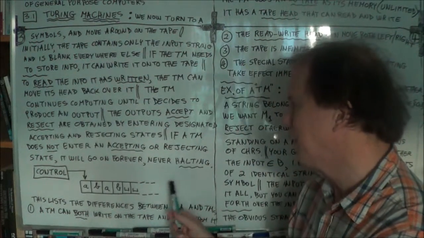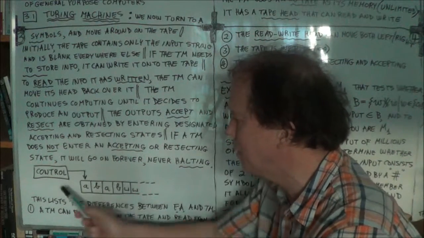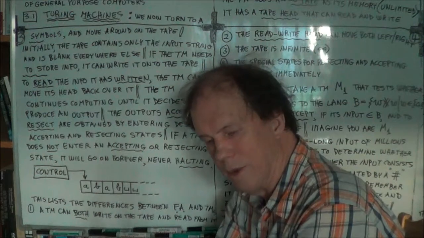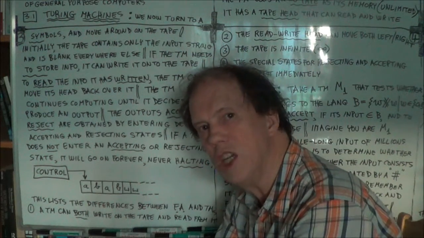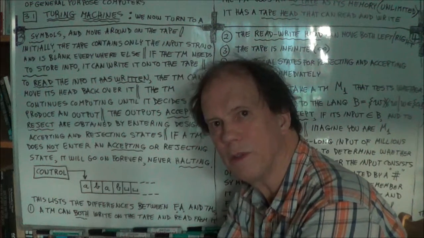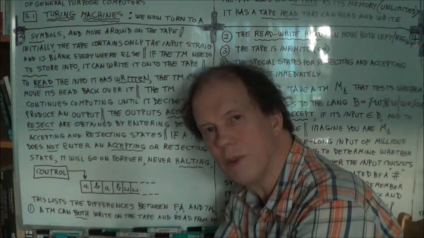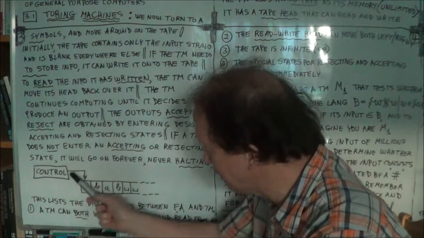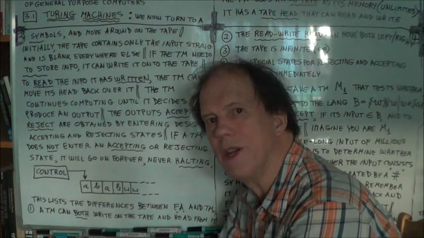Okay. All right. So here's your control. We've seen diagrams like this before. So the control, what does that contain? What information does the control have? Well, it has the current state of the machine, just like a finite automaton, and it has all the transition rules. So it knows what to do. Now, this arrow here represents the position of the read-write head.